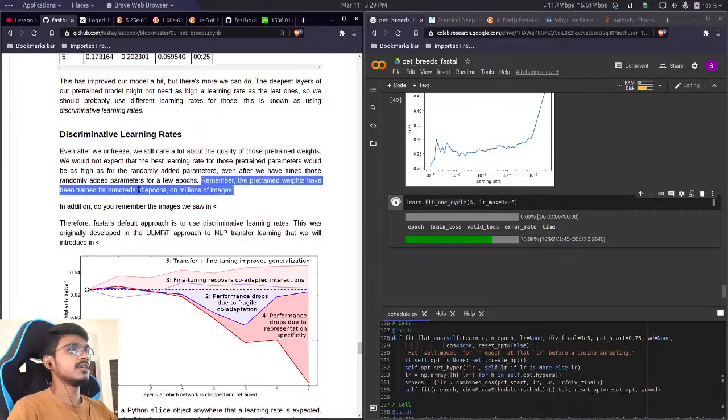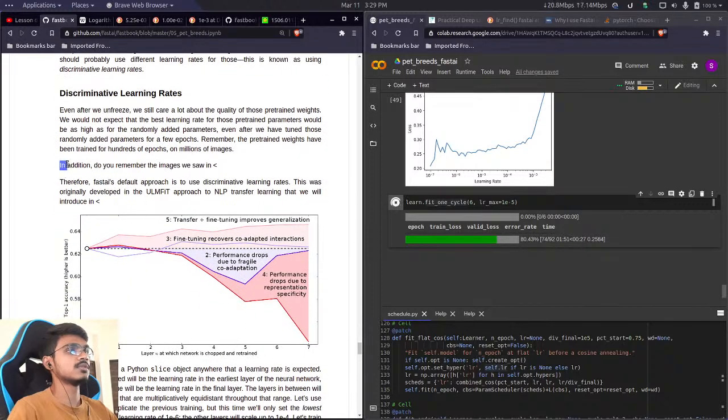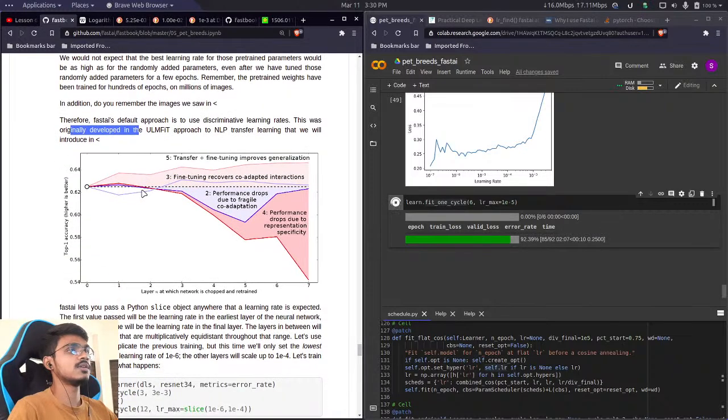Remember, the pre-trained weights have been trained for hundreds of epochs on millions of images. Therefore, fastai's default approach is to use discriminative learning rates. This was originally developed in the ULMFiT approach to NLP transfer learning that we will introduce.